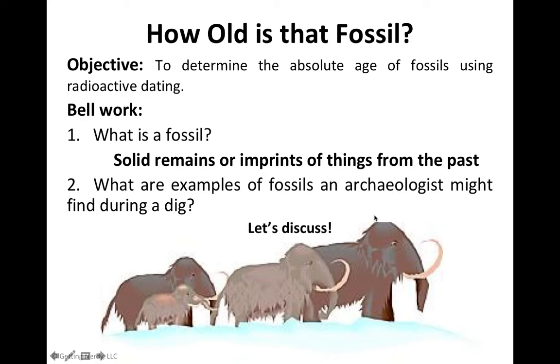You might find a cast fossil. You might find a full body fossil, where almost everything's intact, like the Iceman, or a woolly mammoth preserved. There are tons of different types of fossils you can find, from bacteria to mammals to plants, different types of organisms.